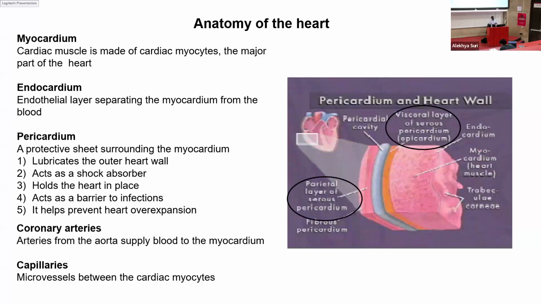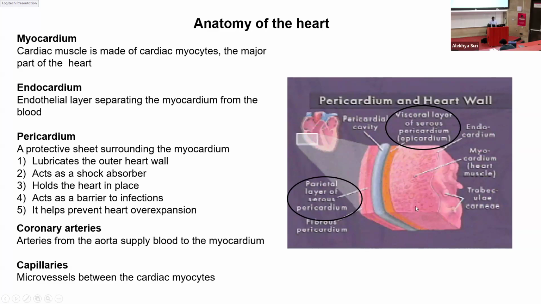And then if you look at the anatomy of the heart, although the cardiac muscle looks like a thick muscle bundle, it's made of several parts depending on what type of cells are present and how they contribute to cardiac contraction.